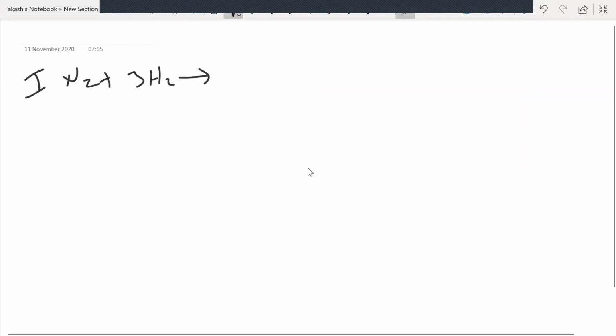So this is what is given to you people. They have given the first reaction: N2 plus 3H2 gives 2NH3, and the delta H for this reaction is minus 91.8 kilojoules, right?